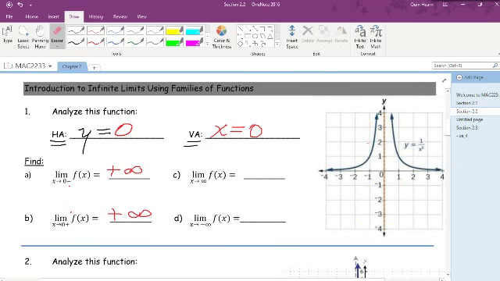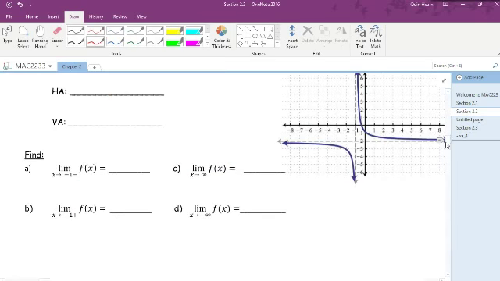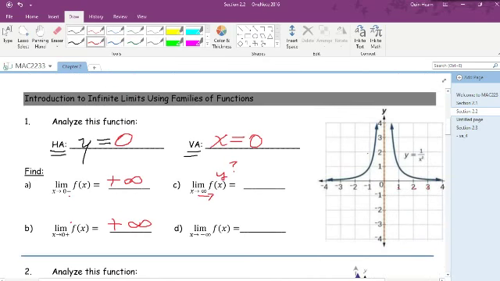Now we're going to look at a different thing, which is limits to infinity. We're going to ask the question, when x values are going toward infinity, what's happening to the y values? We're talking about plugging in larger and larger x's: 2, 3, 4, 10, a million.